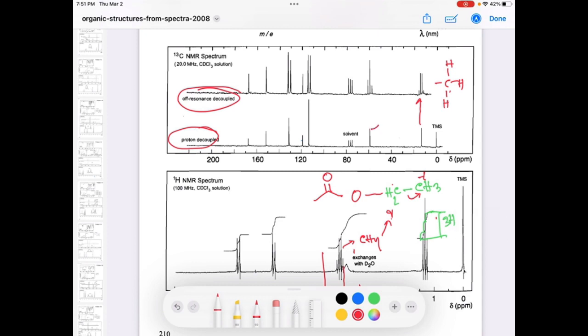And this carbon is giving you a triplet, that means this carbon has 2 protons attached, so this is a CH2. And the CH2 is showing up near 60. Any carbon attached to oxygen always shows up in this region, like 50 to 60 ppm. You can remember that part.